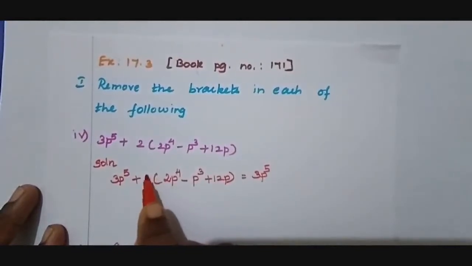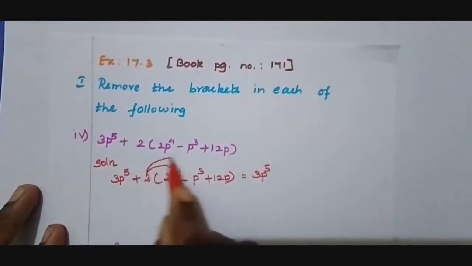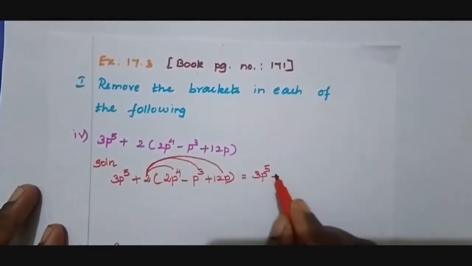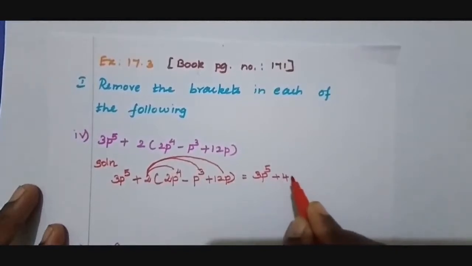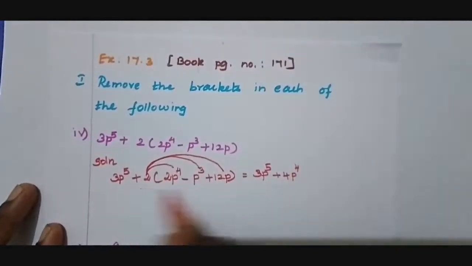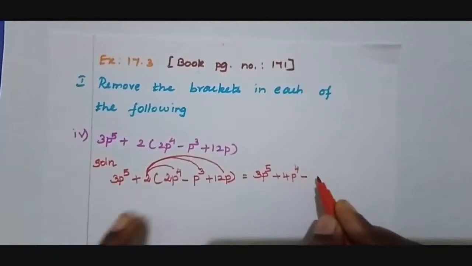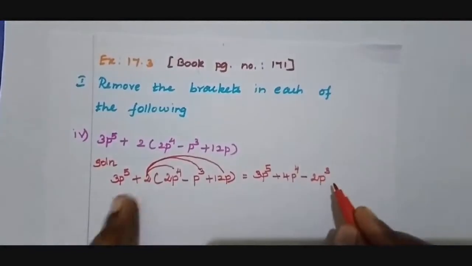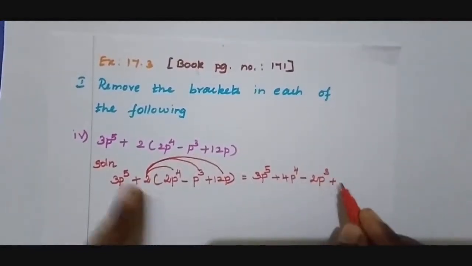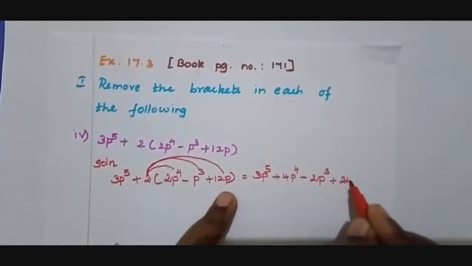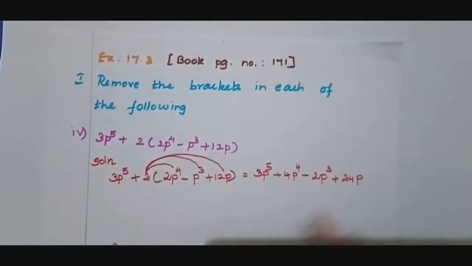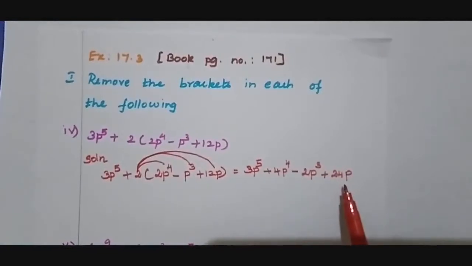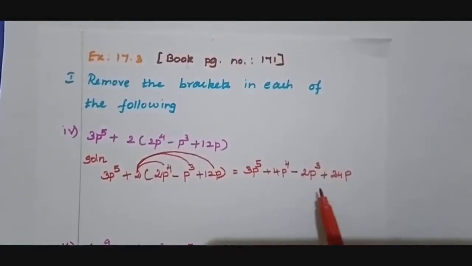Yes, you have to bring this 2 inside the bracket. 2 2s are 4, plus 4p power 4. Now plus into minus is minus, 2 into p cube is 2p cube. Plus into plus is plus, 2 into 12 is 24p. We cannot simplify this one further, so you can keep this one as such.